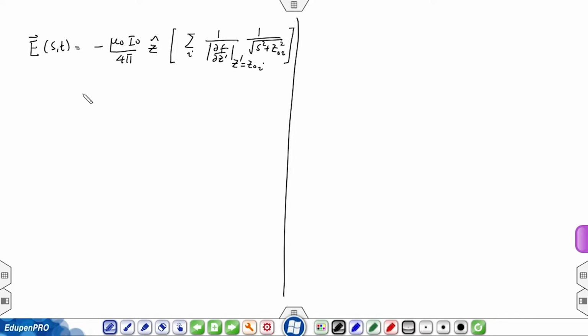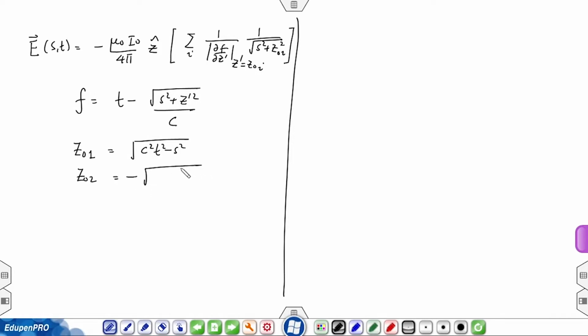Now, my function f is t minus square root of s square plus z prime square over c, and I know that z naught 1 is square root of c square t square minus s square, and z naught 2 is equal to minus square root of c square t square minus s square.